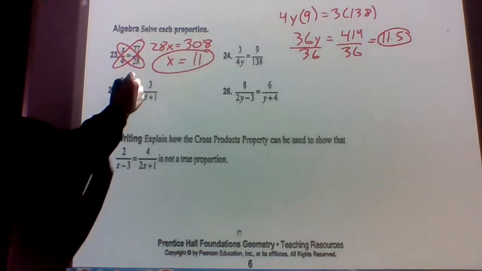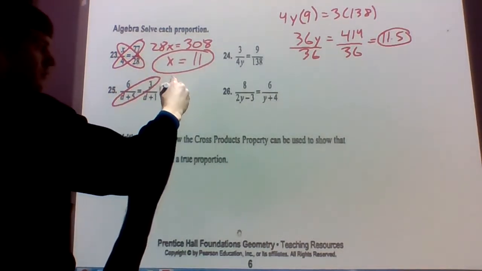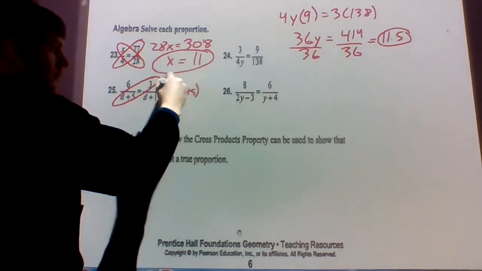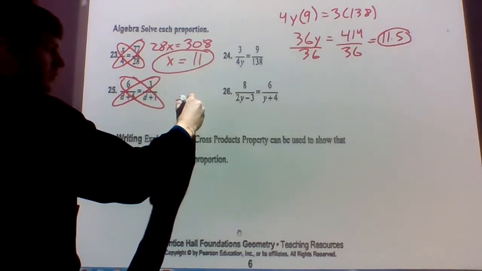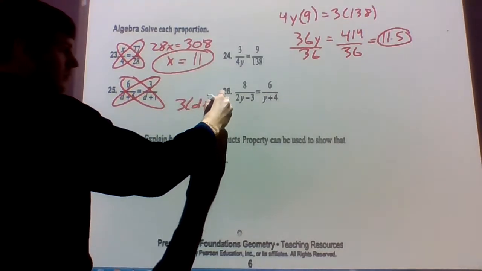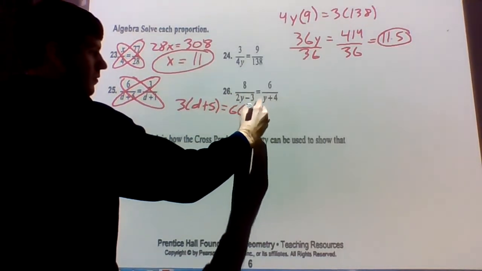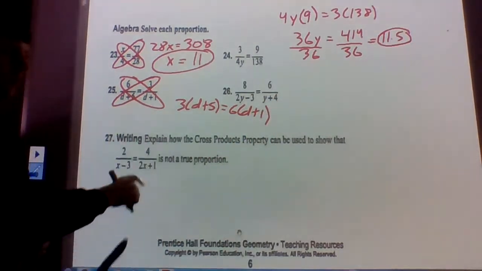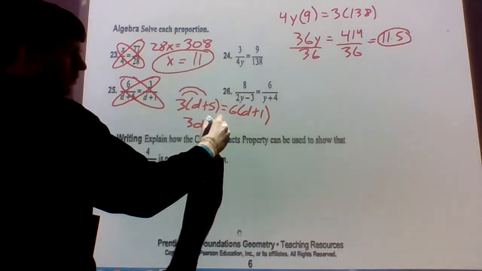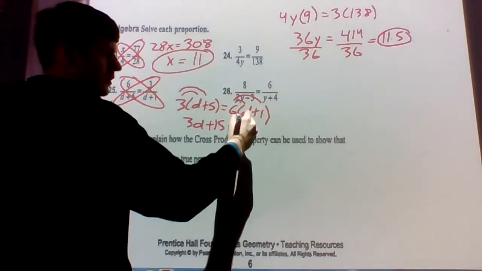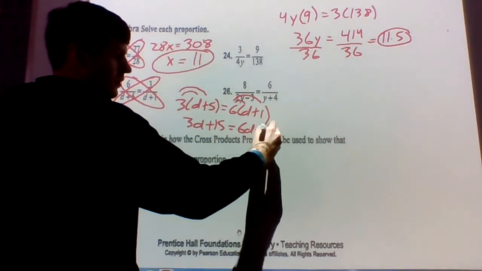Okay, here cross multiply. So you have 3 times d plus 5 equals 6 times d plus 1. Make sure you distribute. So that's 3d plus 15 equals 6d plus 6.